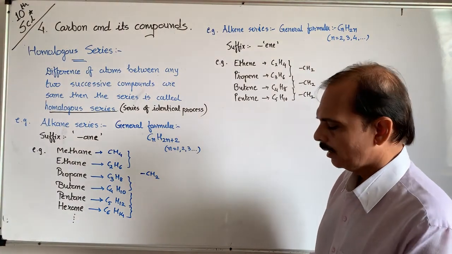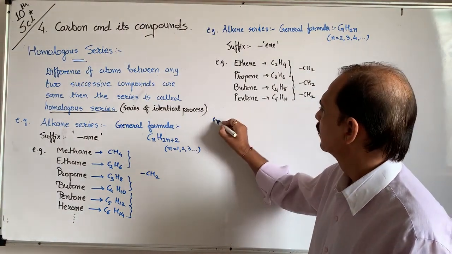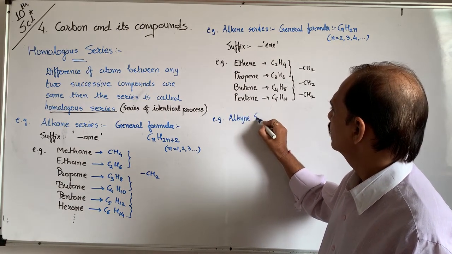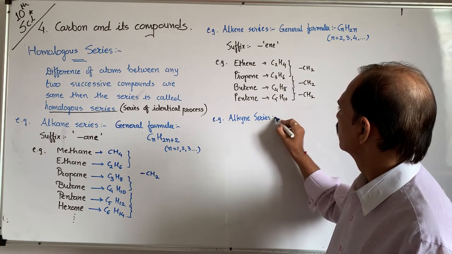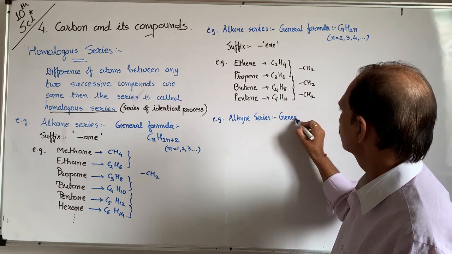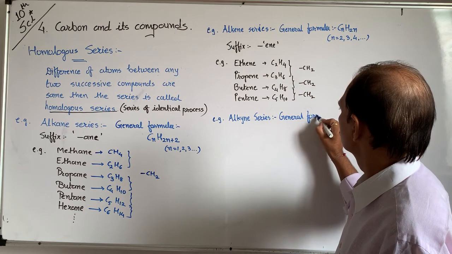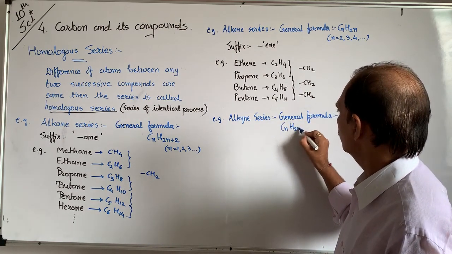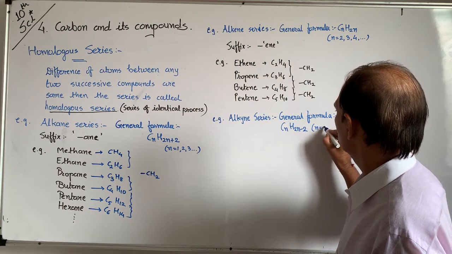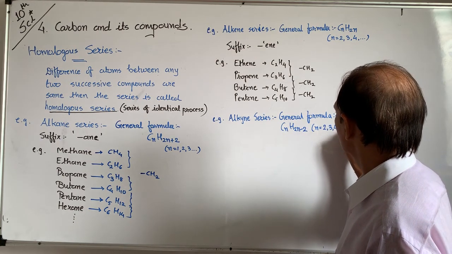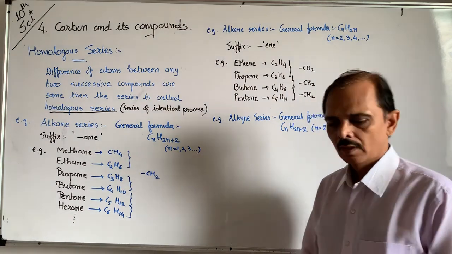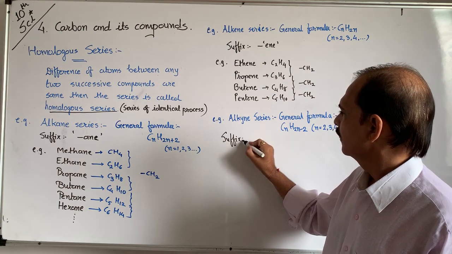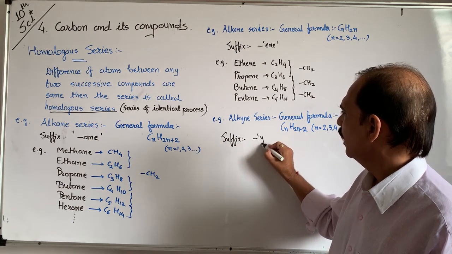Another example, the alkyne series. Its general formula is CnH2n minus 2, where n starts again with 2, 3, 4, etc. The suffix after the name here is yne.